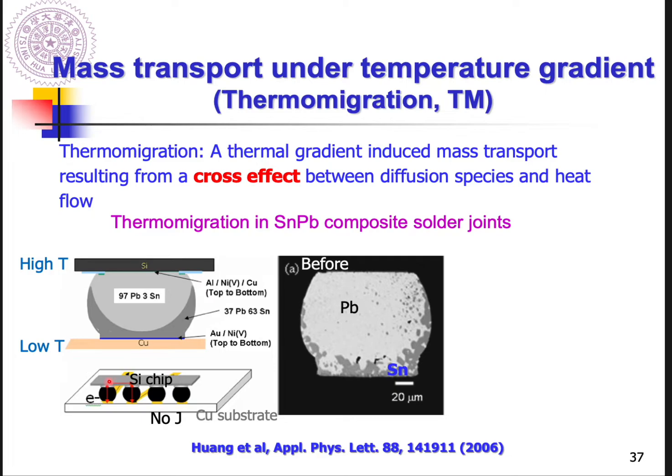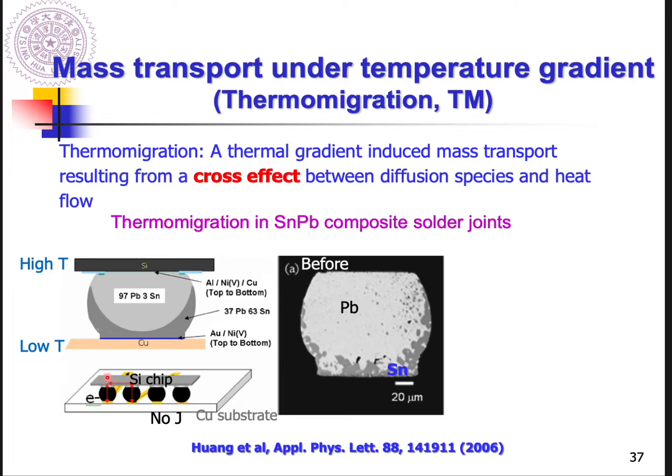And because the diameters of the connecting line on the silicon chip side and the copper substrate side are different, even at the same amount of current, due to the different size of the conducting line, you can expect, due to the Joule heating, the current density at the silicon chip side will be higher than that on the copper substrate side, right?